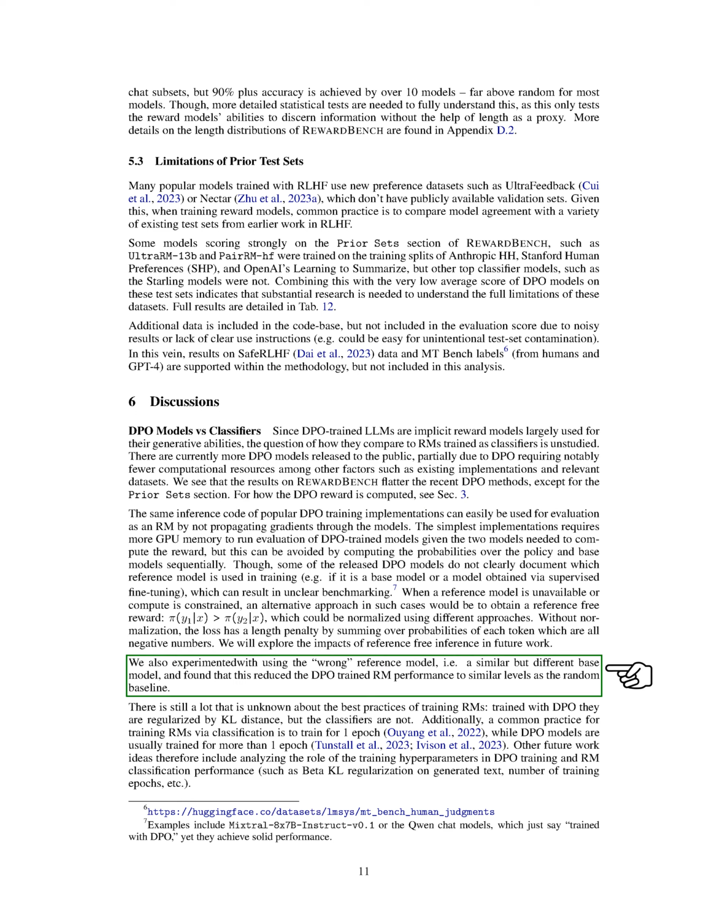We have experimented with using a wrong reference model, which significantly reduced the performance of DPO-trained RMs to levels similar to a random baseline. There is still much to learn about the best practices for training RMs, such as the impact of training hyperparameters like beta KL regularization and the number of training epochs.